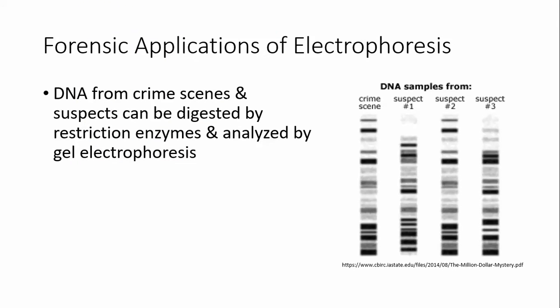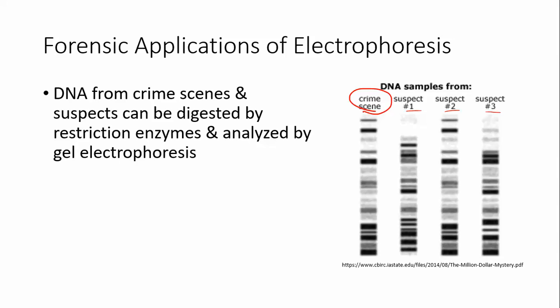Now, gel electrophoresis has multiple applications, one of which is in forensics. It's usually not quite this simple anymore. There's some more complicated analysis that goes on, but this is the most simplistic way you could use a gel to analyze DNA to try and see who is responsible for a crime or match up victims, etc. So what you see here is a sample from a crime scene, and samples from 3 different suspects.